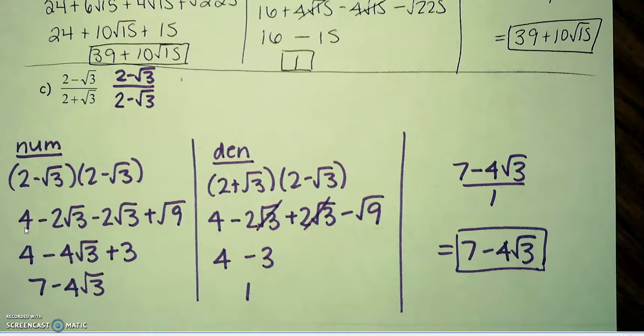So as I did the FOIL here, I ended up with 7 minus 4 roots of 3. The denominator, that stuff's going to cancel out, and here I actually ended up with 1. That doesn't always happen. It just depends on the question. I know it happened in the previous problem as well. But again, stacked those together and ended up with 7 minus 4 roots of 3.